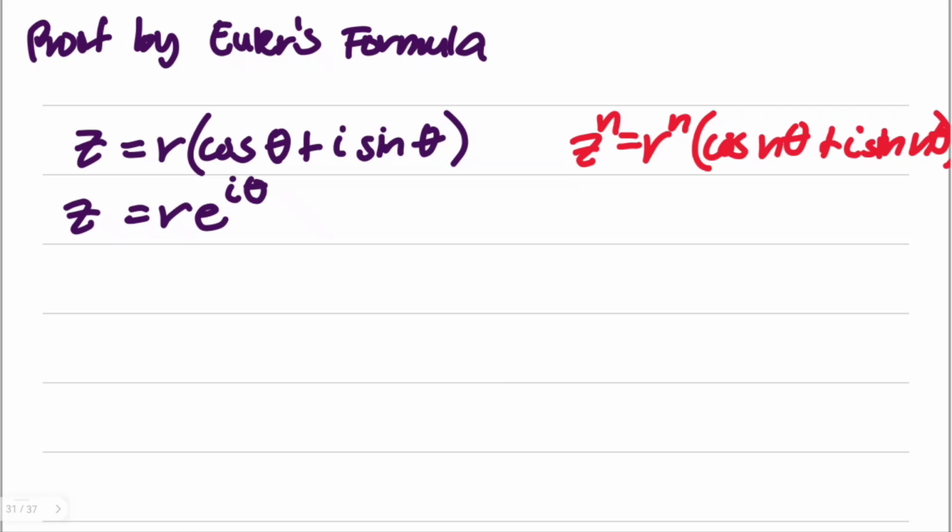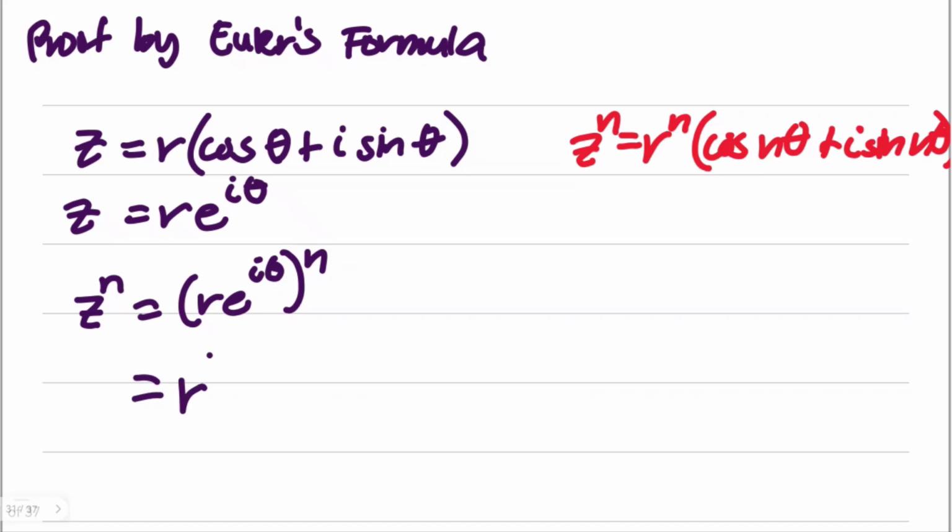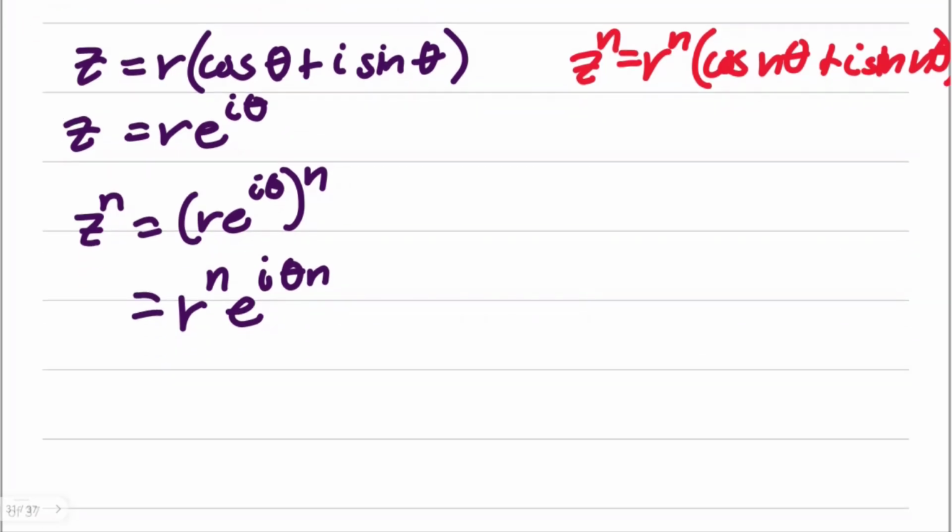The proof now is, if I take the nth power of this, this will also be raised to the same nth power. So, using the laws of exponents, you have r to the power of n, e to the power of i theta n. Or you could rearrange this: r to the power of n, e to the power of i n theta.